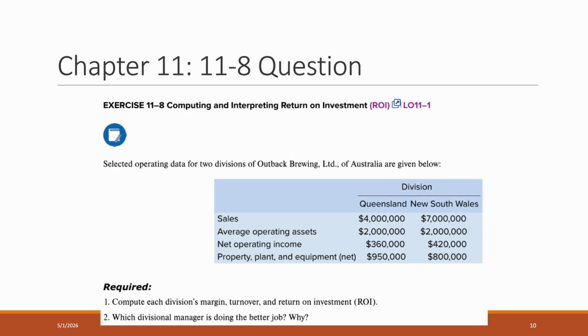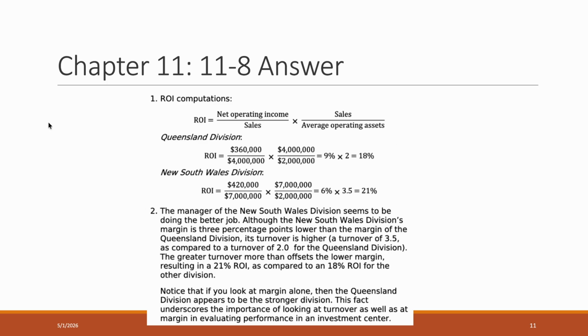So starting with the calculation for ROI, well, I guess margin, turnover, and ROI for Queensland and New South Wales. We have the computations up here. So as you know, the formula for ROI is margin times turnover. So here's the individual formulas for margin and turnover.